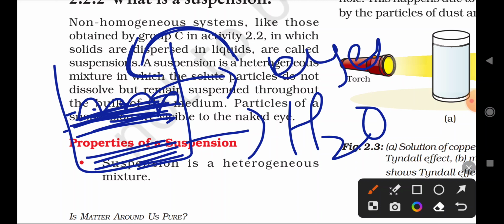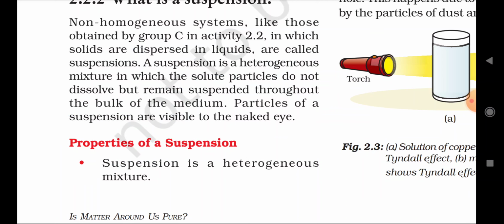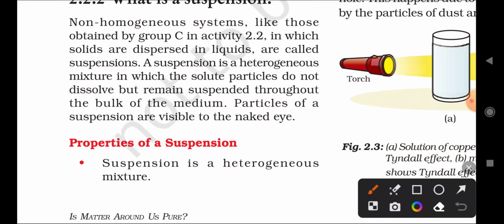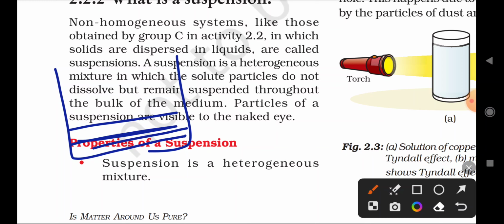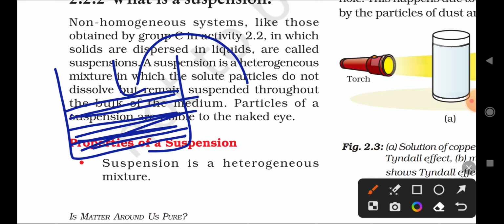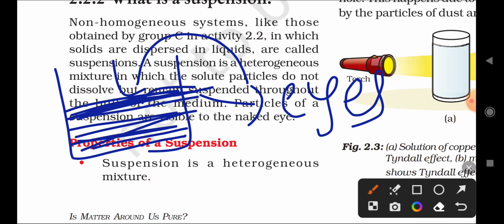This is an example of a suspension. Take a small amount of stones and tiny particles which are not dissolving in water. They are suspended in the water, not dissolving completely, and we easily see them with our naked eyes. This is termed a suspension.